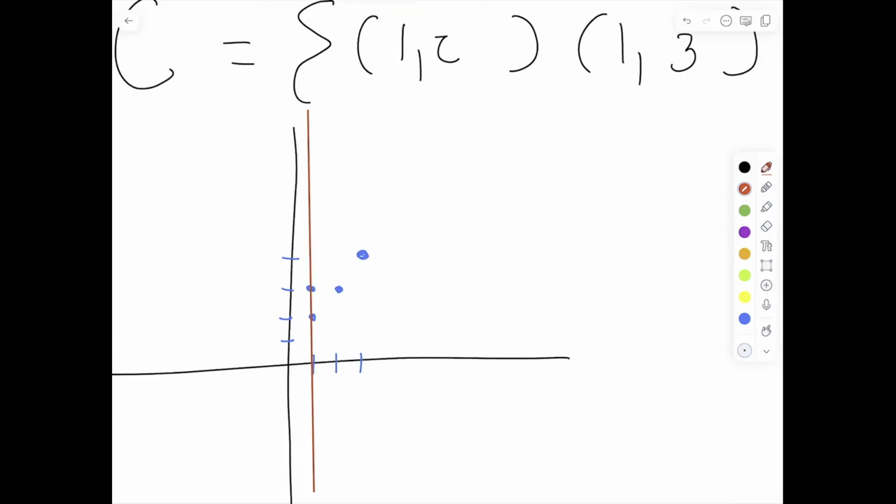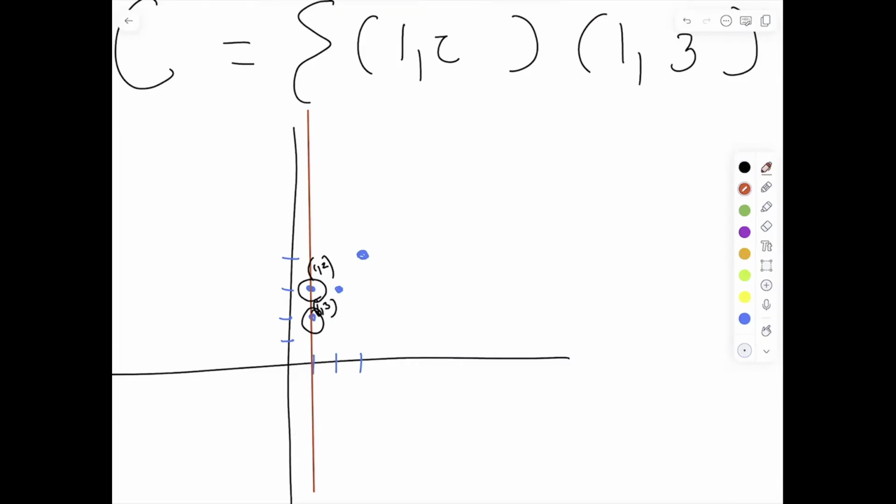How many times am I hitting that X value at X is equal to 1? Twice? That's right. So that person was cheating with his X how many times? Twice. That's right.